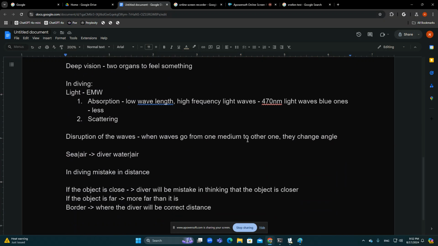Then we talked about what happens inside the water, the absorption and the scattering. Then we talked about how the wave changes direction when it goes from the sea to the inside of the glasses of the diver, which causes the object to look different.